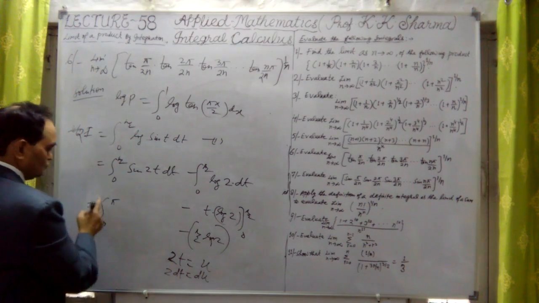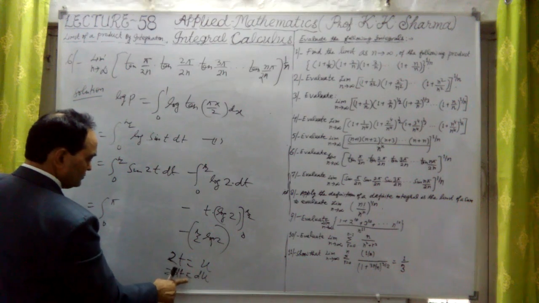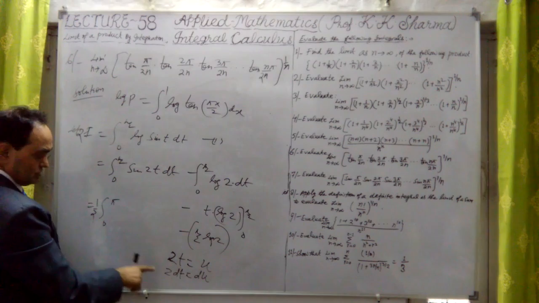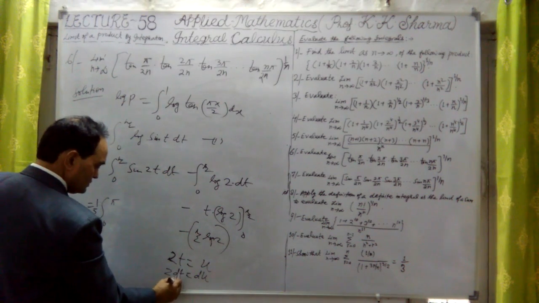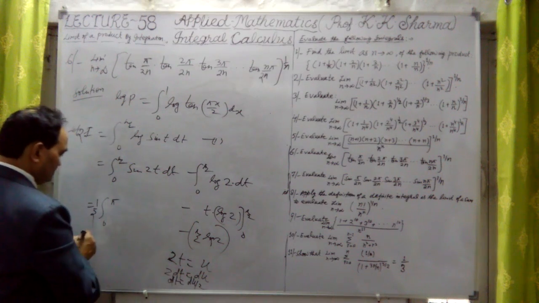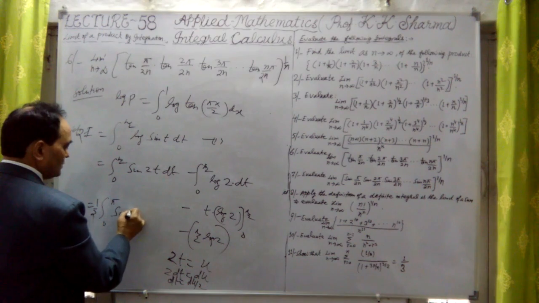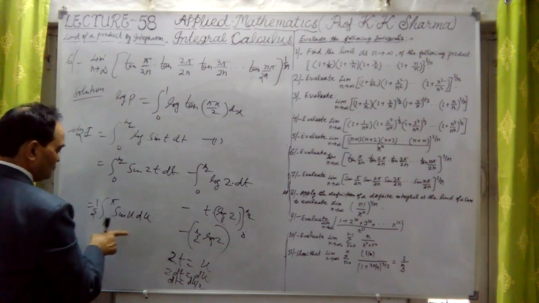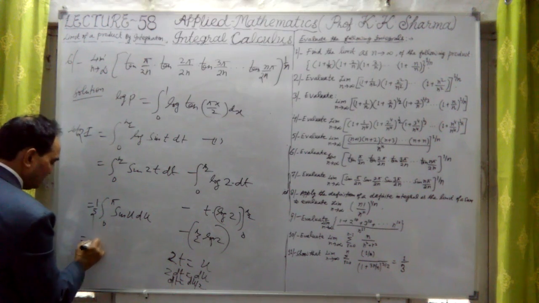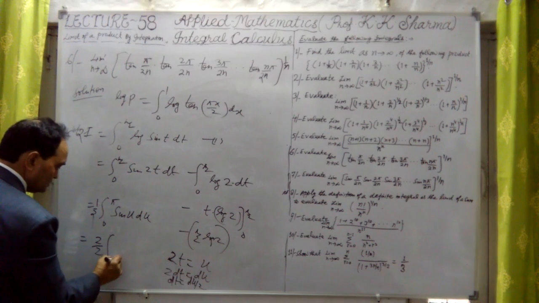The limits will be 0 to pi, and 2 dt equals du, or dt equals du upon 2. Try to understand. This is the integral from 0 to pi of log sin u du upon 2. For this 0 to pi limit, it can be converted as 2 into 2 upon 2, 0 to pi by 2.